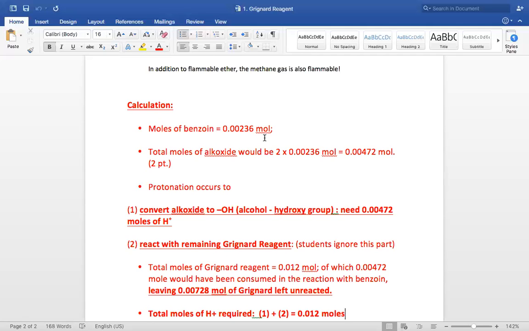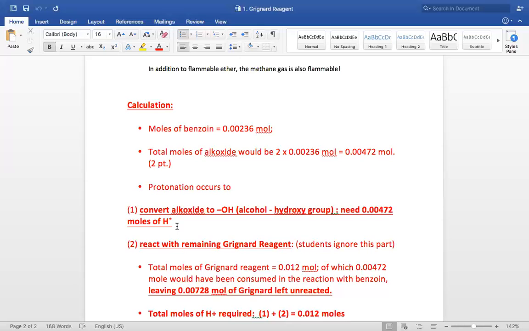This is actually double the amount of benzoin. You need this much moles of hydrogen to protonate that alkoxide. So this is one important requirement for sulfuric acid to react.